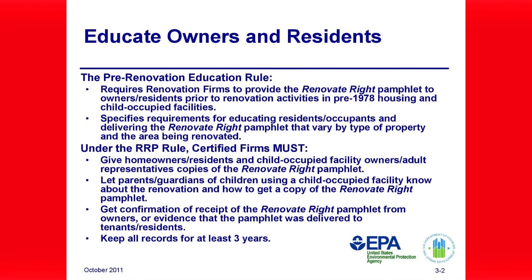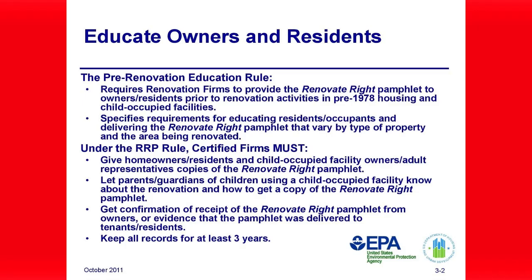Educate owners and residents. The pre-renovation education rule requires renovation firms to provide the Renovate Right pamphlet to owners and residents prior to any renovation activity in pre-1978 housing and child-occupied facilities.